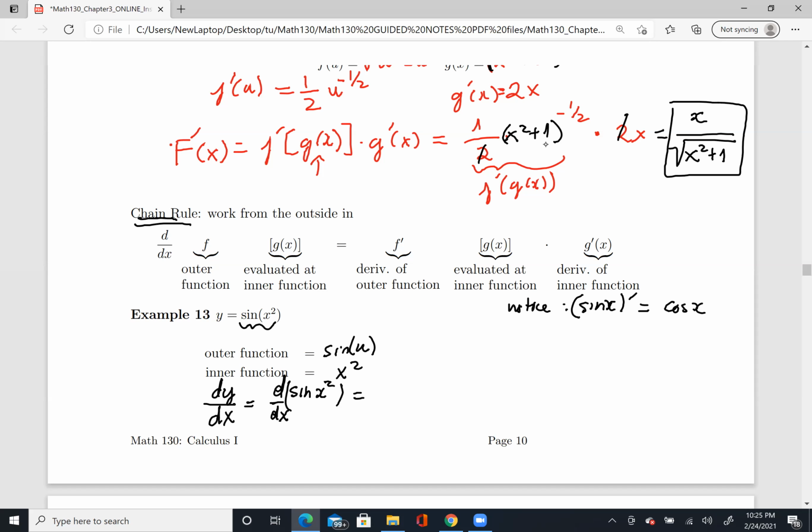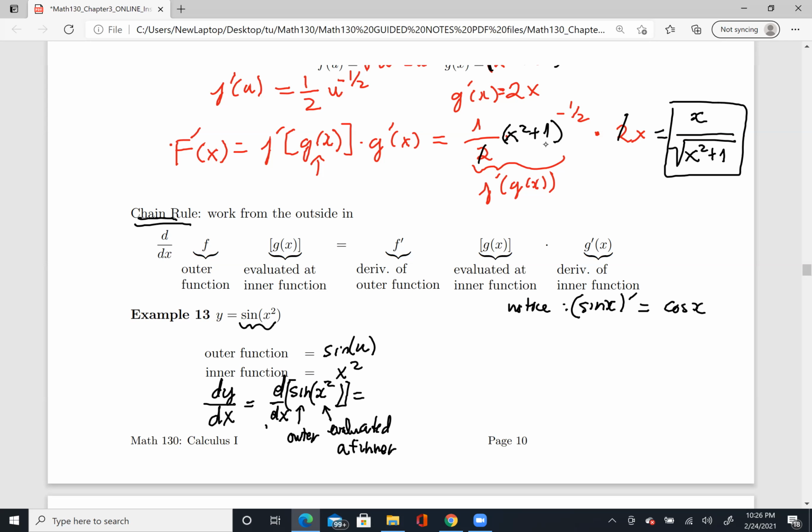It's equal to, okay, now this is the outer, I'm going to say this is outer, and this is evaluated at inner.